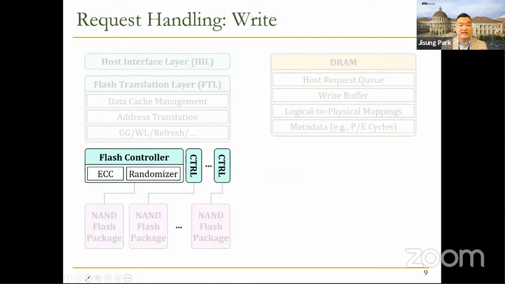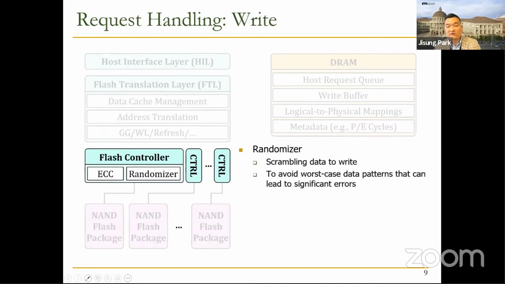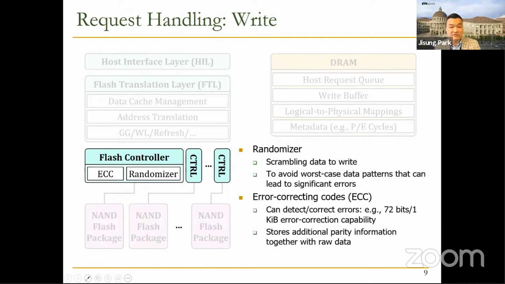Okay, finally, the data is sent to the flash controller to issue a program command to the target NAND flash chip. Before that, the flash controller randomizes the requested data in order to avoid worst-case data patterns that can lead to a significant number of errors. After data randomization, the flash controller performs ECC encoding that generates some redundant information called ECC parity, so that the SSD can detect and correct errors in future reads using the parity data.